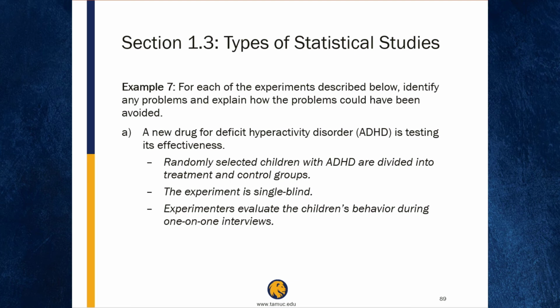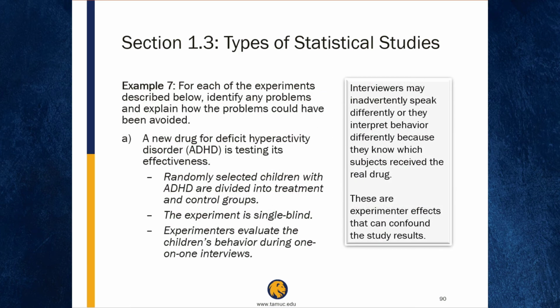But because it was single-blinded, the experimenters did know when a child was in the treatment group or the control group when they interviewed them. So could that have been a problem? Indeed, interviewers might have inadvertently spoken differently or interpreted behavior differently because they knew who received the actual drug and who did not.